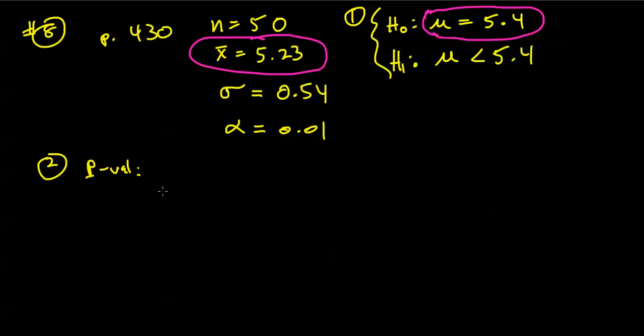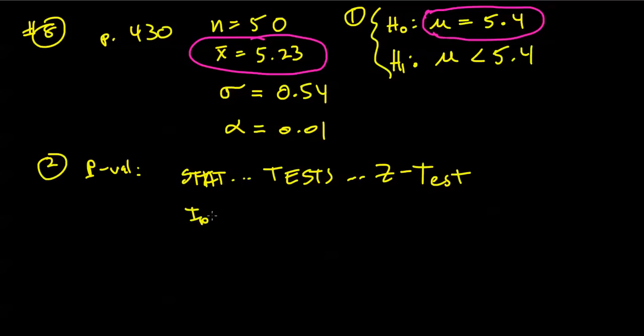Alright, so for the p-value, of course I'll go to stat, tests, and choose z-test. Now for your input mode, of course we are given summary statistics here, so don't go to data mode, go to the stats mode.